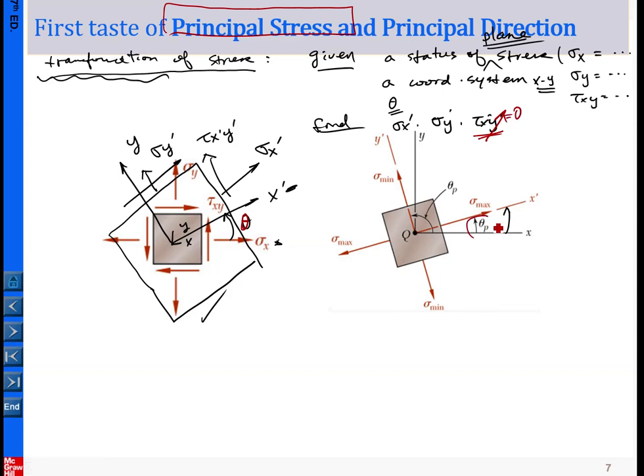This is a very special condition of the general stress transformation, such that the shear stress in the transformed element becomes 0. In this case, we call this particular value theta p the principal theta, and the x prime y prime axes the principal orientations, or simply the principal directions.